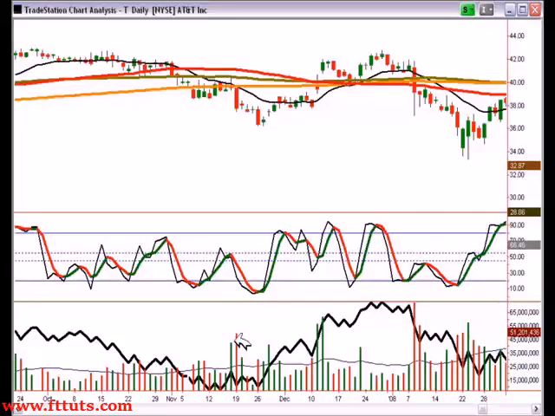It creates a red bar if the close is below the close of the previous bar, and a green bar if the close is above the close of the previous bar. You can see that the previous bar closed down here and this bar closed up here. Therefore, it closed higher than the previous bar, so it creates a green volume bar.